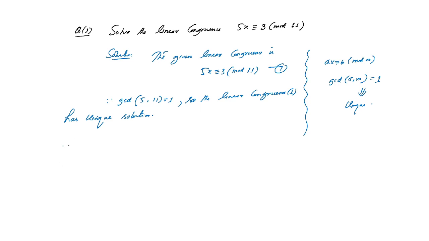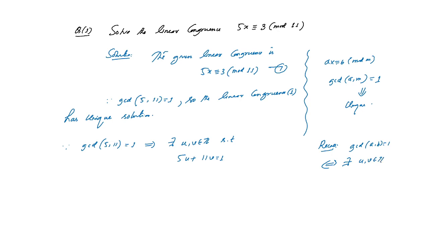Now we'll come to the theory of how to solve it. Since the GCD of 5 and 11 equals 1, there exist integers u, v belonging to Z such that au plus bv equals 1, so 5u plus 11v equals 1. Recall the fact that the GCD of a and b is 1 if and only if there exist integers u, v such that au plus bv equals 1.